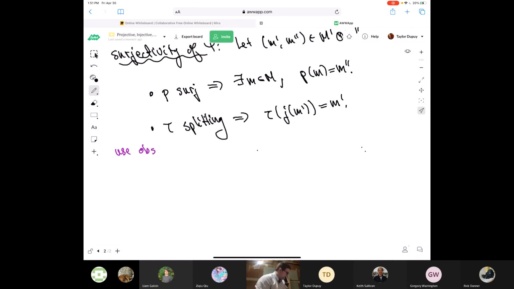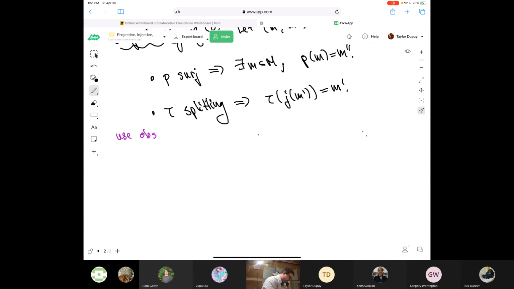Okay, so we're going to let M tilde be this thing. We're going to do M minus J of tau of M, plus J of M prime. Let's see what happens. This is what I wrote down. We'll see if this works. Okay, so that's what I want to happen.